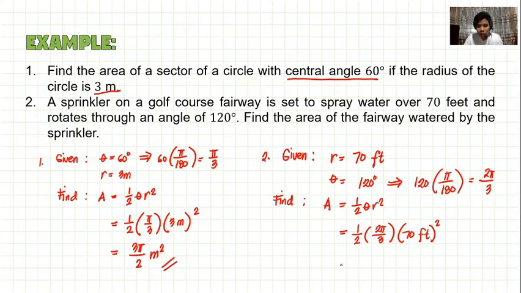This will now be equal to 70 feet. So 2 pi over 2, this will be canceled out. 70 squared is 4,900, right? So we have 4,900 pi over 3 square feet. So this is now our final answer.